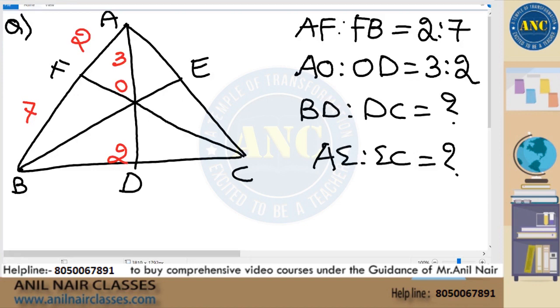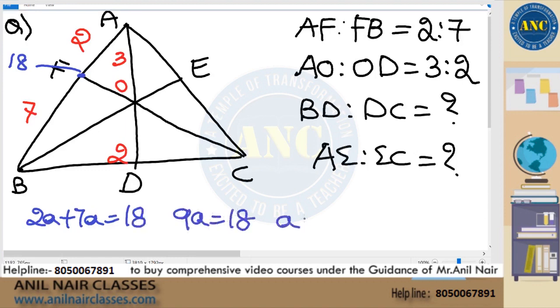So if I take this 7 plus 2 is 9, this should be a multiple of 9. Let me take 18. So 2a plus 7a is 18. 9a is 18. A value is 2. If a value is 2, 7 2s are 14. 14 2s are 28.